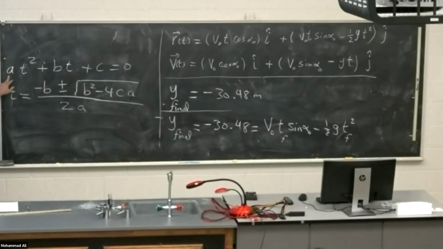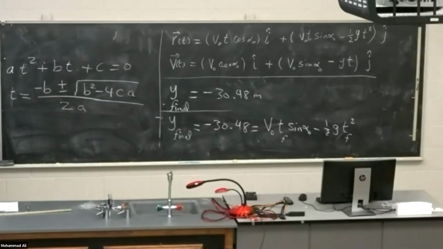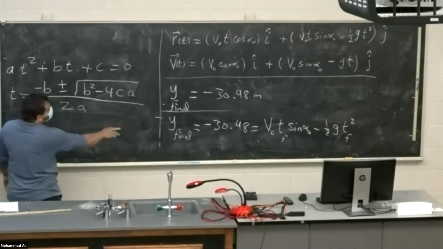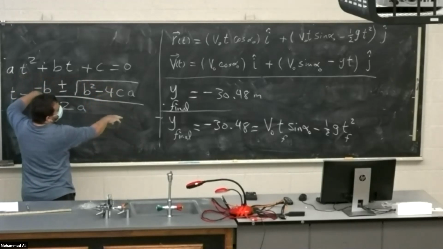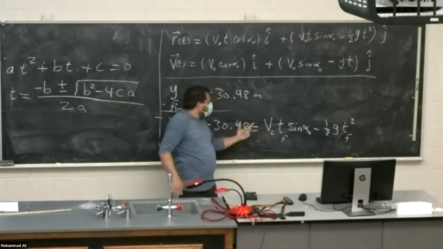A is the coefficient multiplied by the squared value. B is multiplied by t. C is the last term. In my equation here, I need to write it like this. I need just to move this part to there.